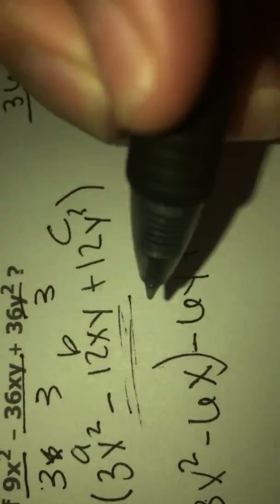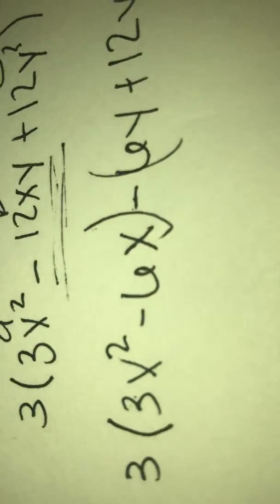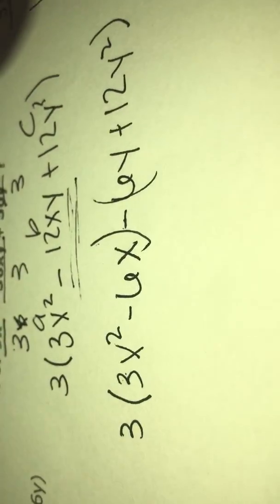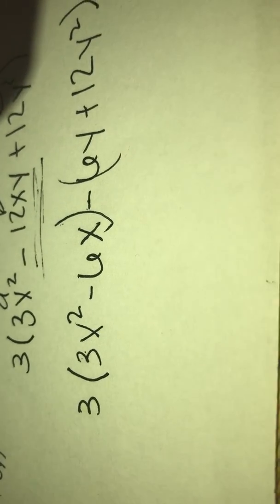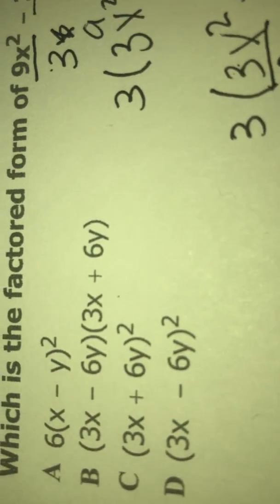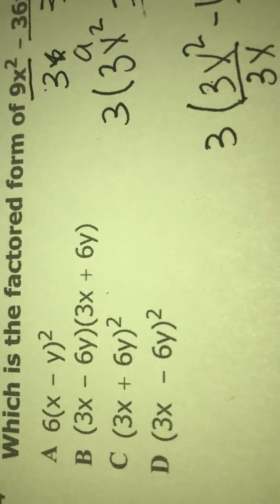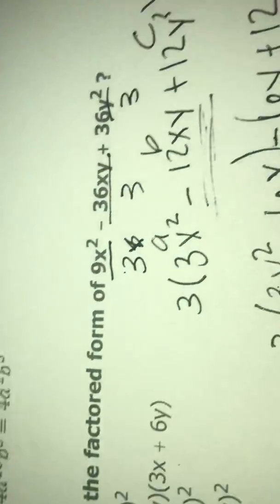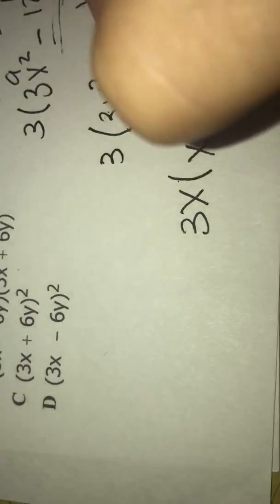Now you're going to group these onto two sides. So we'll group the first half together and then we'll group the second half together. So 3x squared and 6xy are both divisible by 3x. So you write that down here, 3x. So 3x squared divided by 3x leaves you with x, and then negative 6xy divided by 3x leaves you with negative 2y.